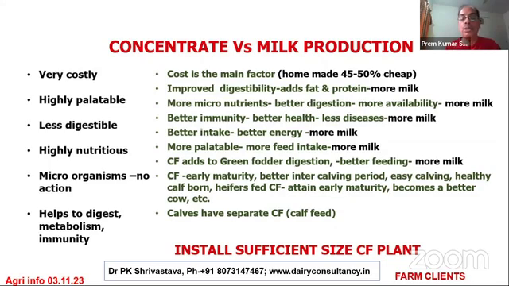Cattle feed brings early maturity, better intercalving interval, more milk, a healthy calf, and healthy heifer production. The heifer generally attains early puberty and comes into heat, so you get a cow much earlier.